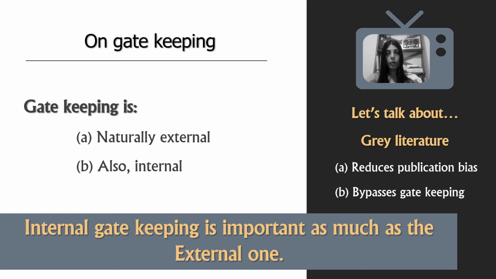Let's talk shortly about grey literature, which is unpublished studies. There is a strong suggestion to include grey literature in meta-analysis. This suggestion is meant to reduce publication bias and provide more representative meta-analyses. Yet, one should also consider that including grey literature is bypassing the peer review process that we see as essential.